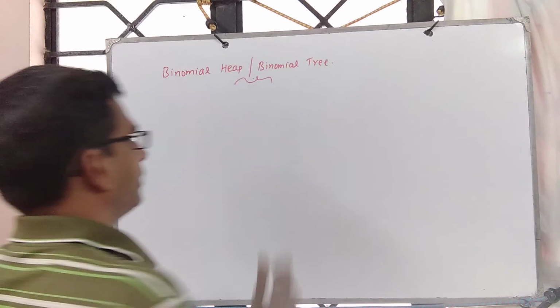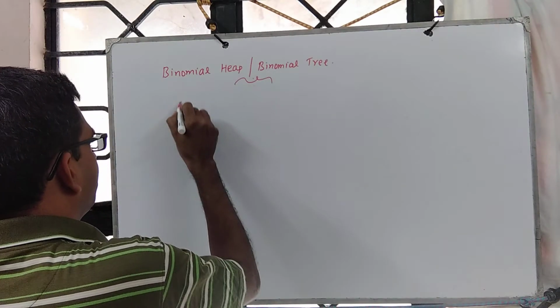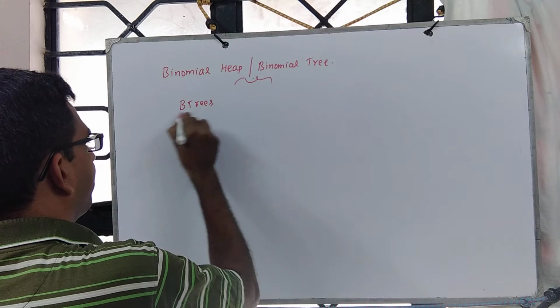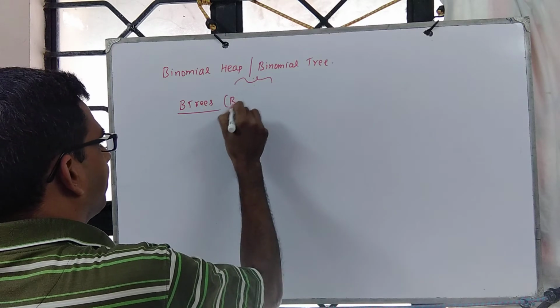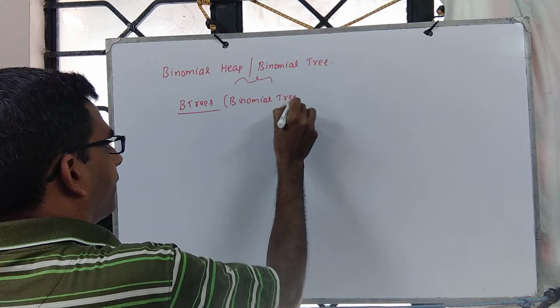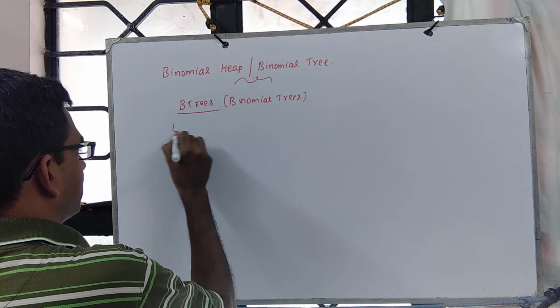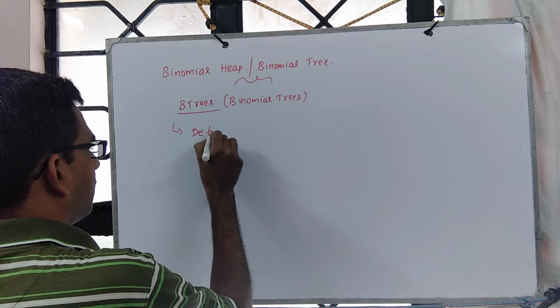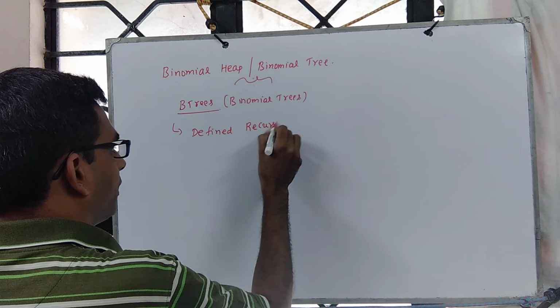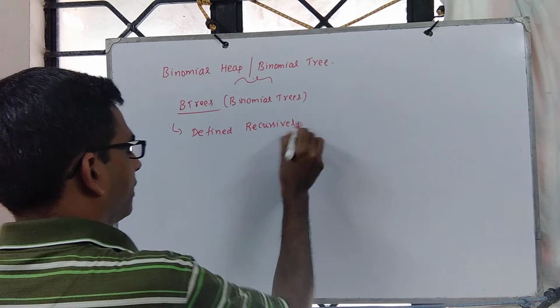So we shall now see how to construct binomial trees. This one is defined recursively. What does that mean?